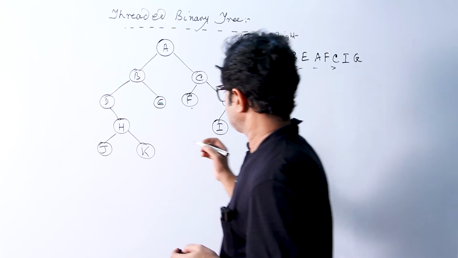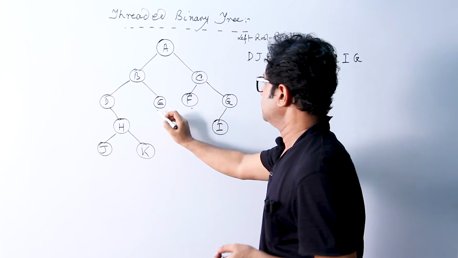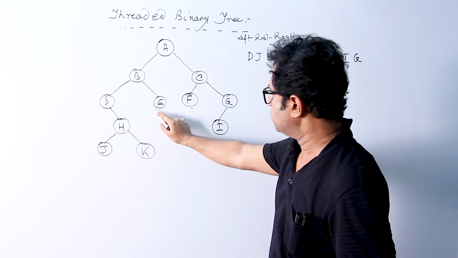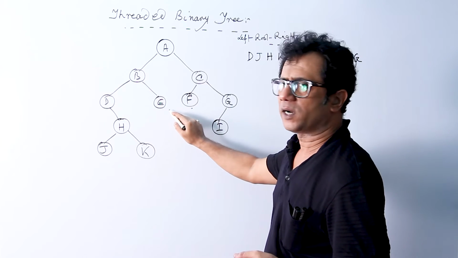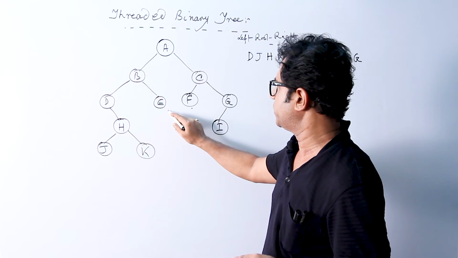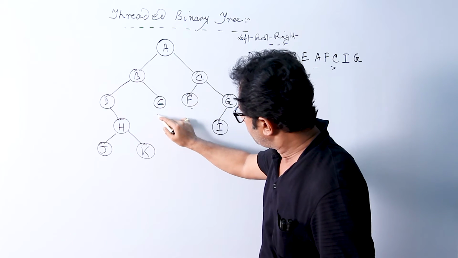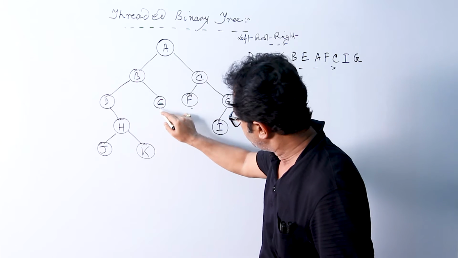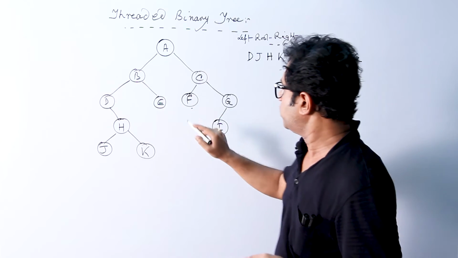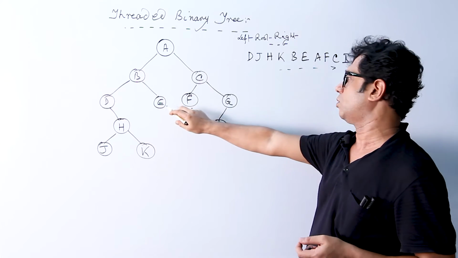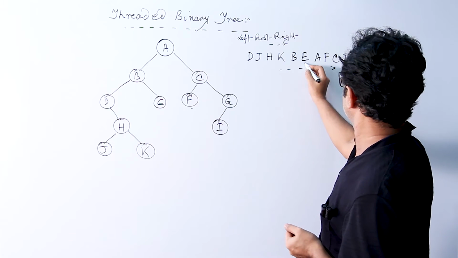So, suppose we take this E. E has two null pointers because it is a leaf node, it has no children. So, E's left null pointer will be pointing towards the inorder predecessor of E. What is the inorder predecessor of E?